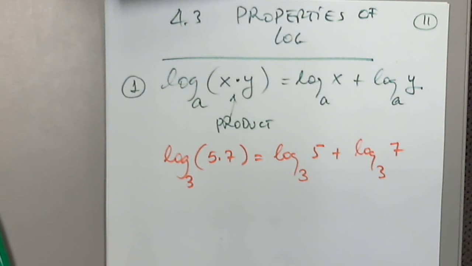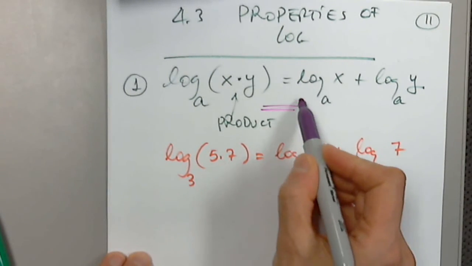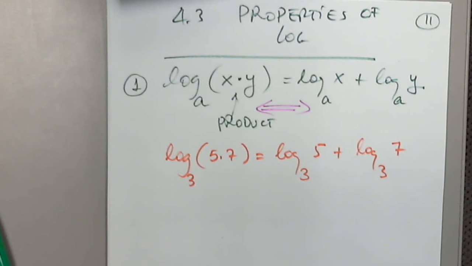What is very important to understand is that this is a dynamic relationship. If I start on the left and I get the right, I can start from the right and I get the left. So if I see a sum of 2 logs having the same base, I can change it into log base 3 of the product of 5 and 7. So it goes both ways.